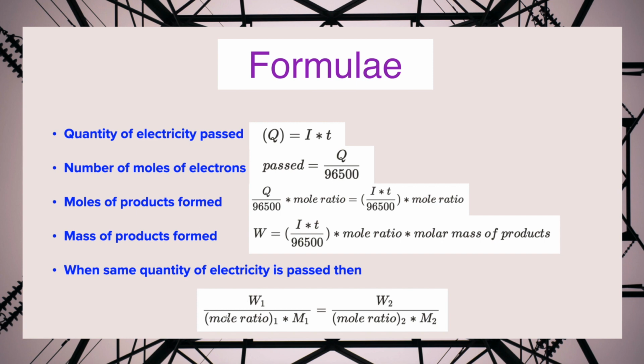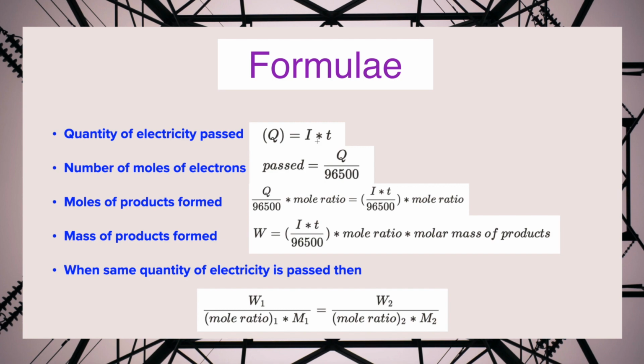What is the reaction taking place in that electrolytic cell? For that you have to determine the mole ratio, and M1 is the molar mass of that substance. W2 is the mass of the second substance, divided by mole ratio 2, which we have to determine by considering the reaction which takes place in the second electrolytic cell, into molar mass of the second substance. So remember each term and understand each term.